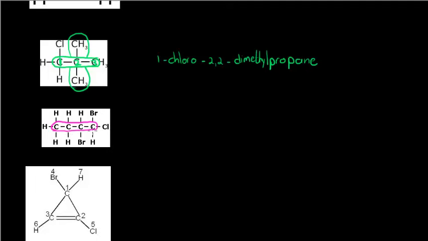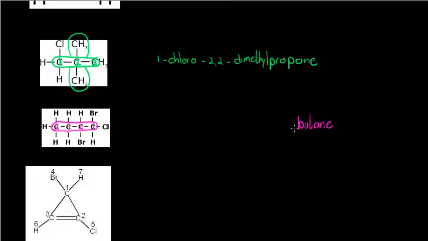If I were to number this one, I should start numbering here: 1, 2, 3, 4. Okay, my first carbon contains both a chloro and a bromo. And we can see there's 2 bromos as well. So which one would I write first, bromo or chloro? I would go alphabetically. So I'll start by writing butane, because there's 4 carbons.